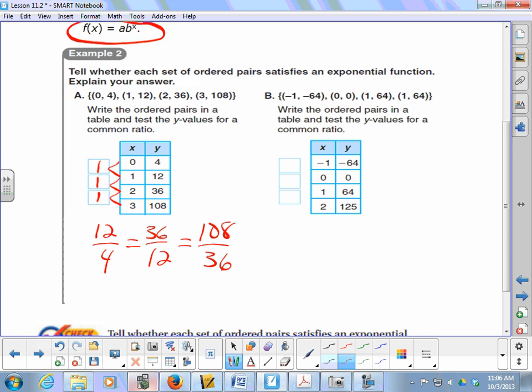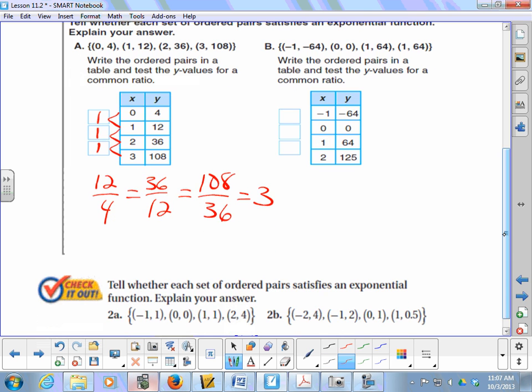Okay, so because the constant ratio here is 3, we could actually use this information to write the function. So first of all, they say tell whether it is an exponential function. So the answer is yes. This is exponential.